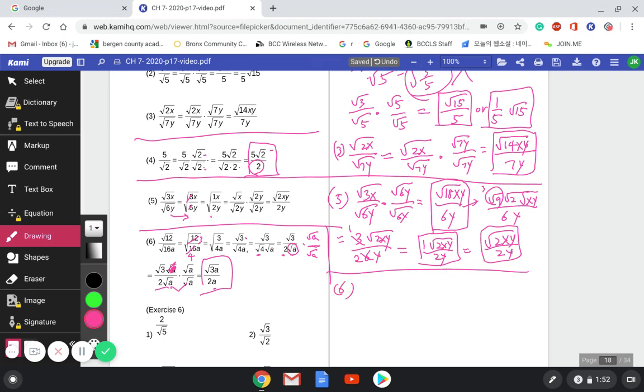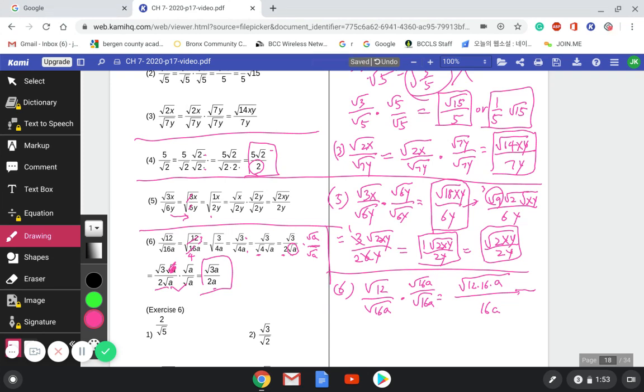I'm going to show you this in another way. Multiply square root of 16a on both sides. The bottom will be 16a, but the numerator becomes square root of 12 times 16 times a.